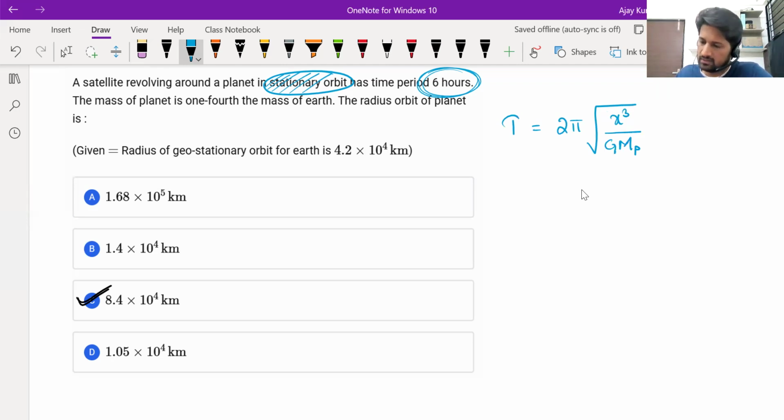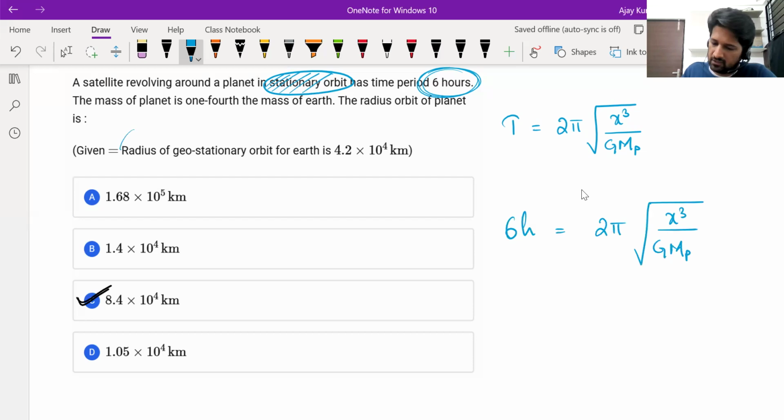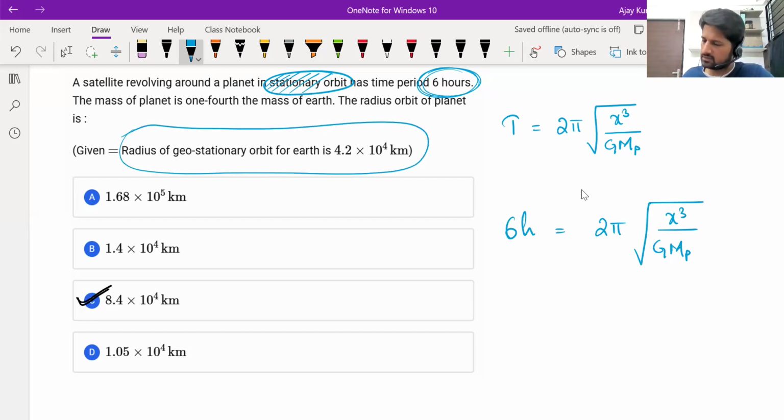They have given time period as 6 hours. Substituting 6 hours is necessary, but calculating it based on this formula is not necessary. You can write 6 hours is equal to 2 pi under root x cube divided by G, mass of the planet. And they have given radius of geostationary orbit for Earth.